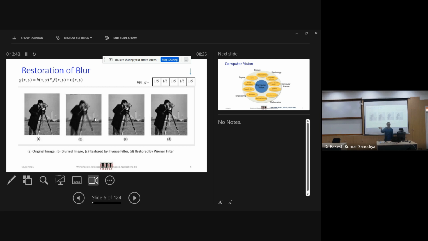What happens is, essentially, in the camera, when I capture an image, there are CCD sensor elements. Each sensor looks at a small region in space, averages the intensities in that region, and puts it as a value, a pixel. That is what we mean by capturing an image. If I capture an image with a 1 megapixel camera, what does it mean?